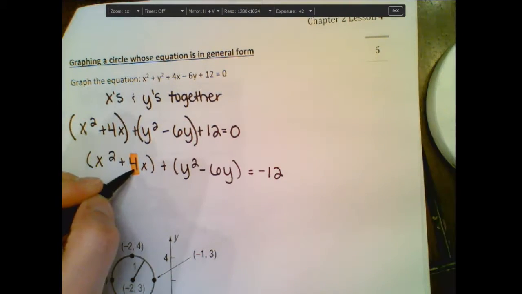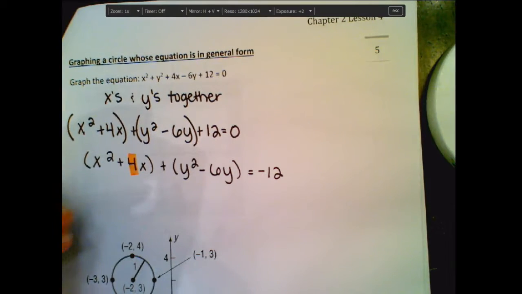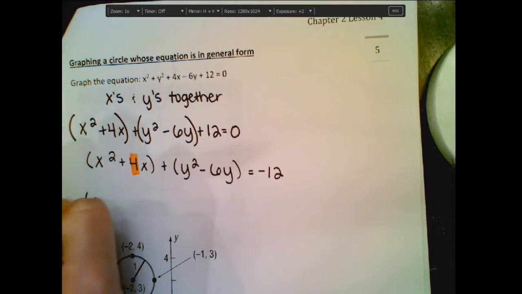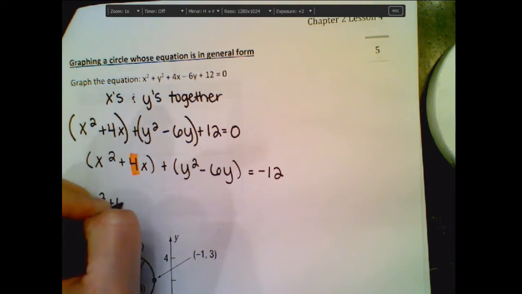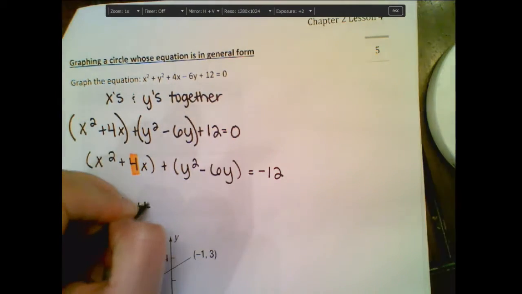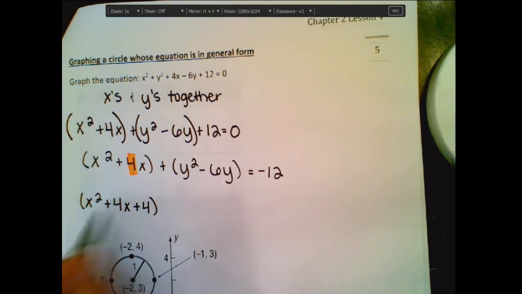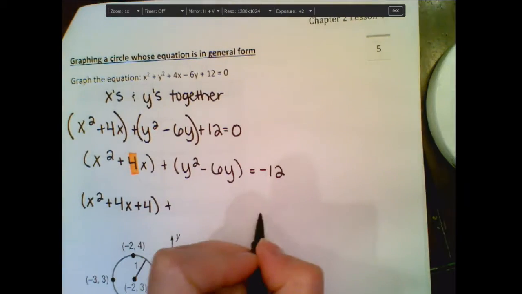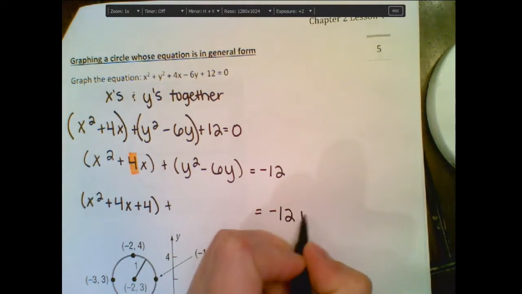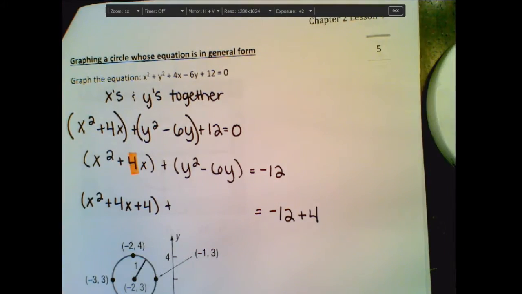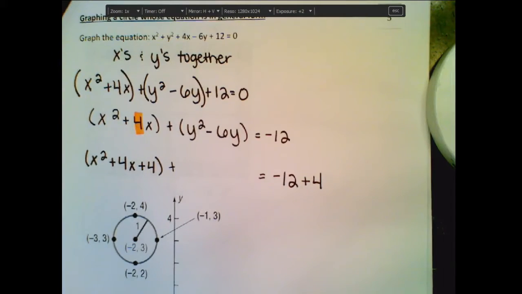So half of this would be 2, and then we square that. So 2 squared is 4. I'm going to have x squared plus 4x plus 4. And if I add it to this side, I'm going to have to add it to this side as well to maintain equality in our equation.